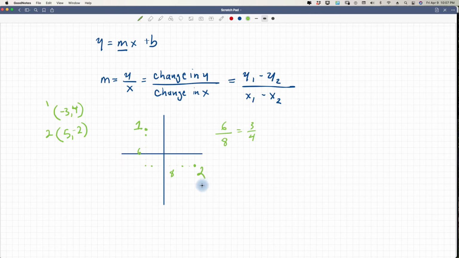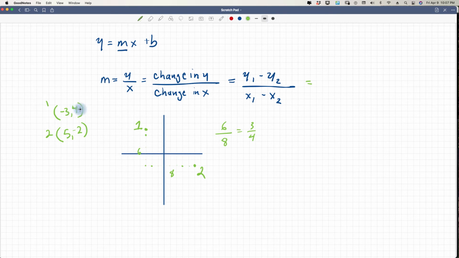Okay, so we're going to take the y value of point 1 right here and the y value of point 2. Okay, so you see how that works? These are the y's when you write your coordinate pair. So we're going to take the y value of 1 and the y value of 2, and we're going to put them on the top.